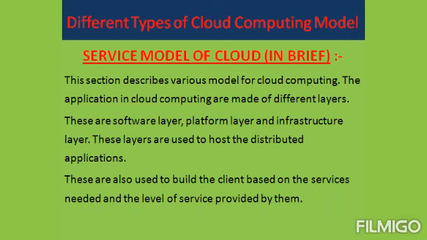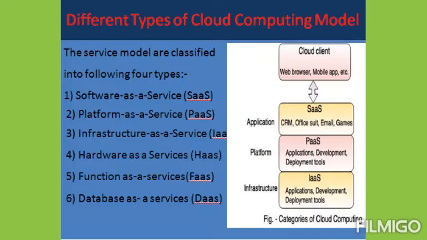The applications in cloud computing are made of different layers: the software layer, platform layer and infrastructure layer. These layers are used to host distributed applications and also to build the client, based on the services needed and the level of services provided by them.